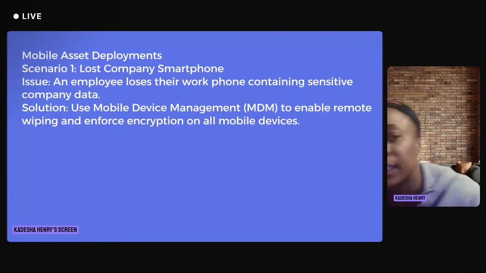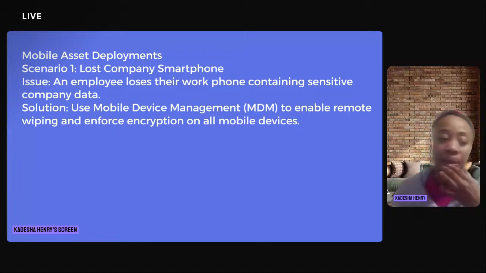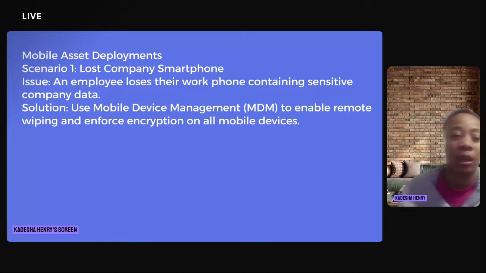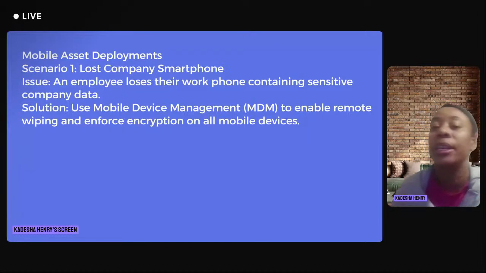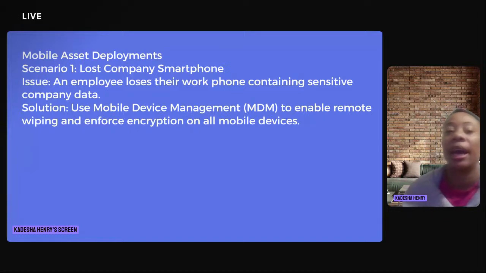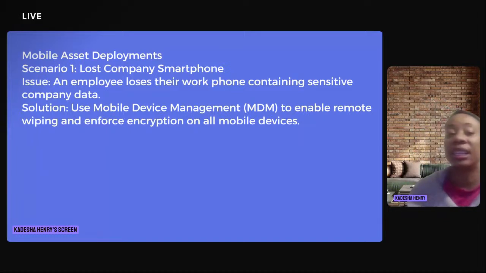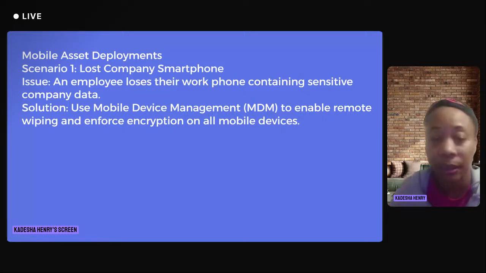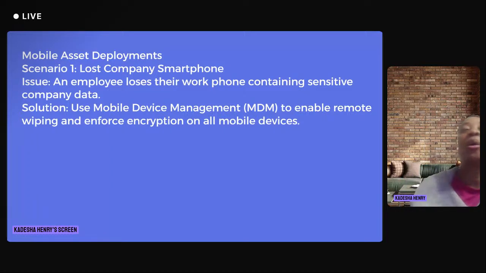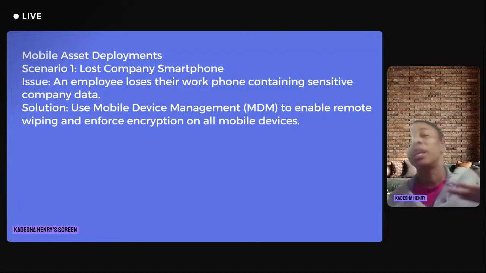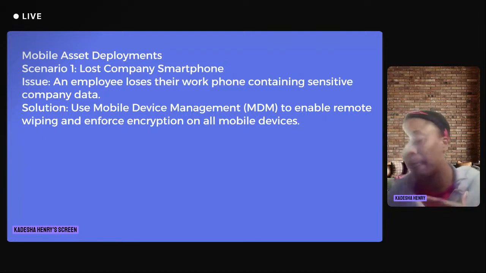So let's look at a scenario that can help us. This one is an asset deployment scenario. Lost company smartphone. An employee lost their work phone containing sensitive data. All right, so this is when the company gives you their smartphone.